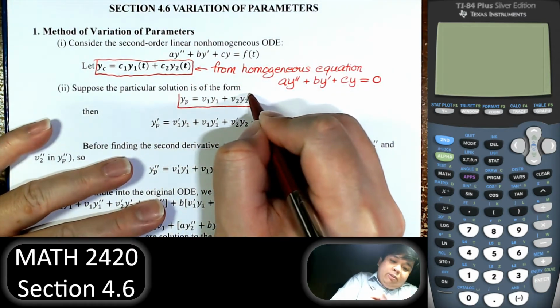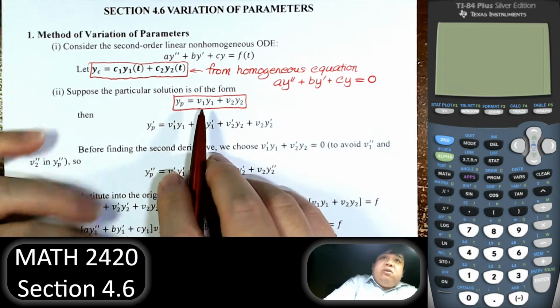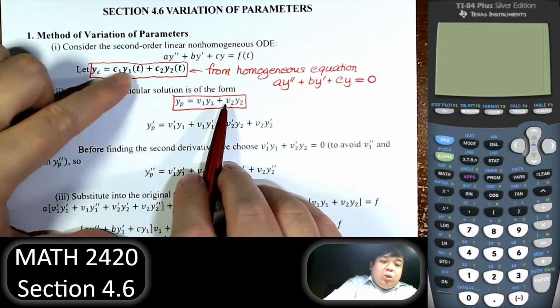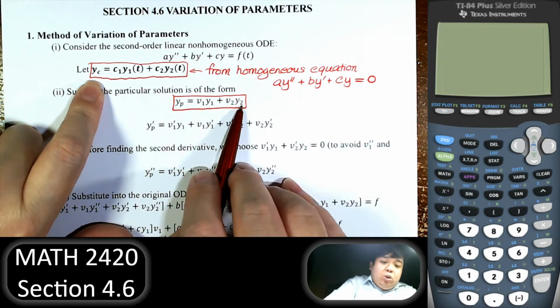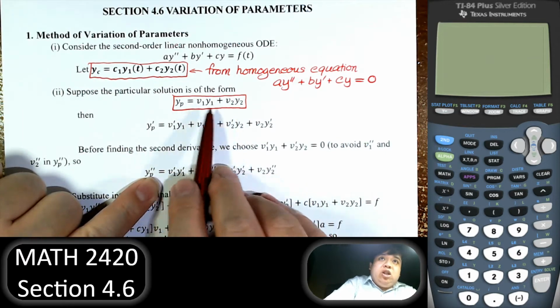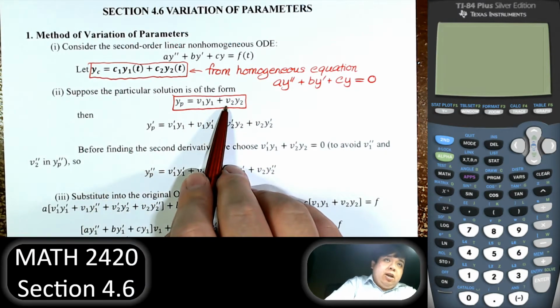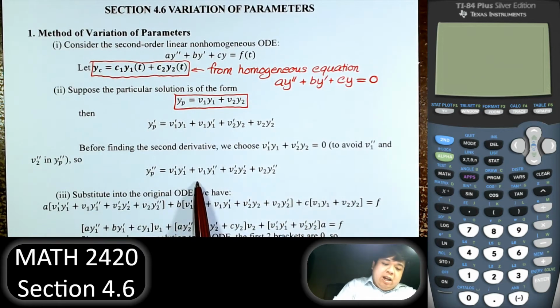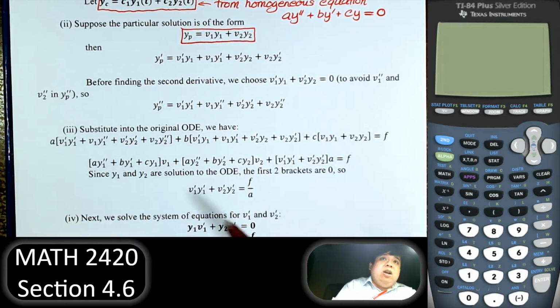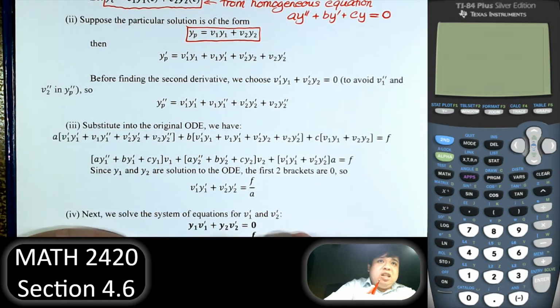Next, the fundamental idea in variation of parameters is that we assume the solution will be in this form. This is the variation from the y1 and y2 in the complementary solution. We're going to solve for v1 and v2, which could be functions. Then we would take the derivative and second derivative, put them in the equation and simplify. That would be a lot of tedious work.